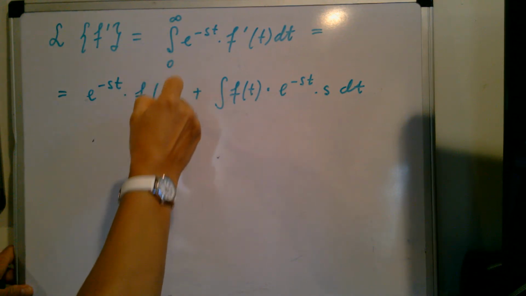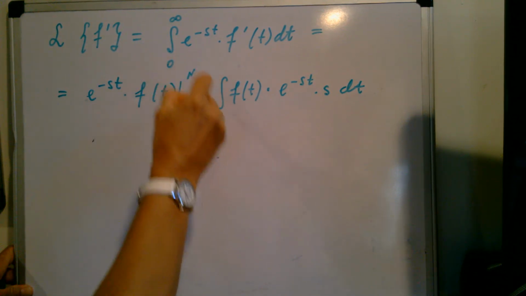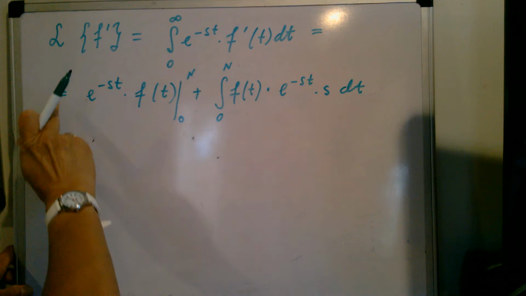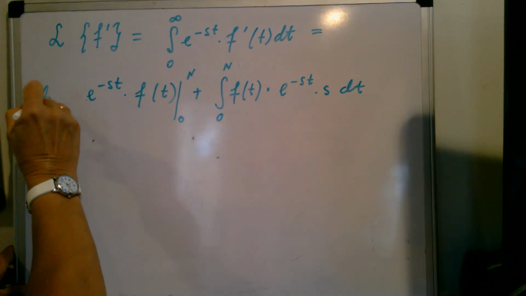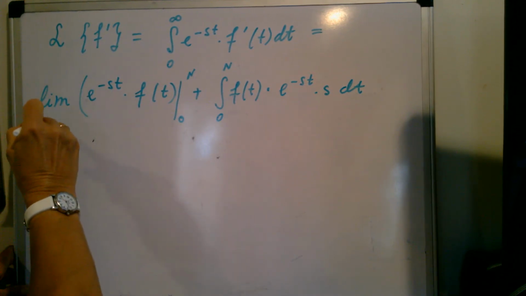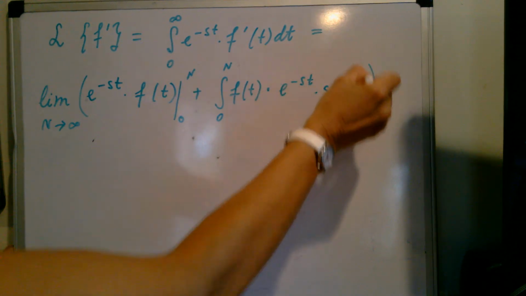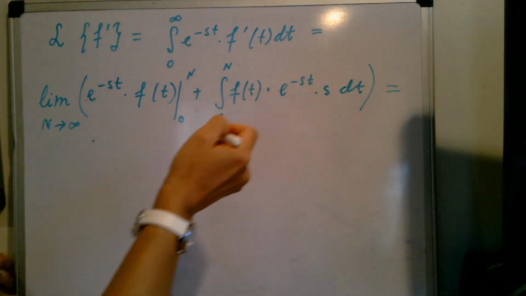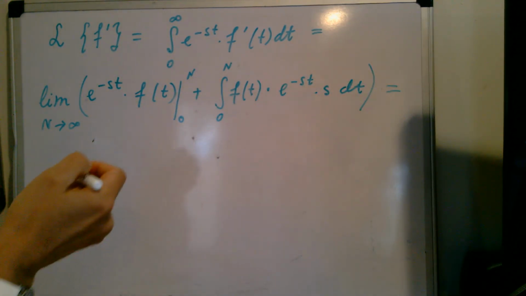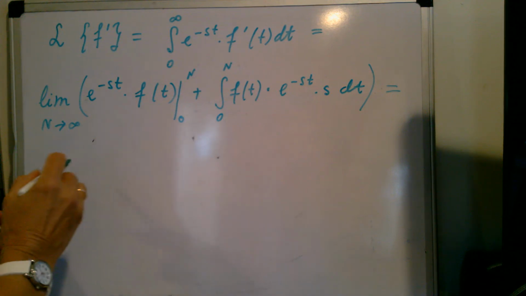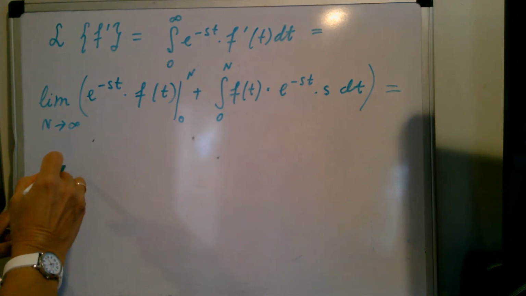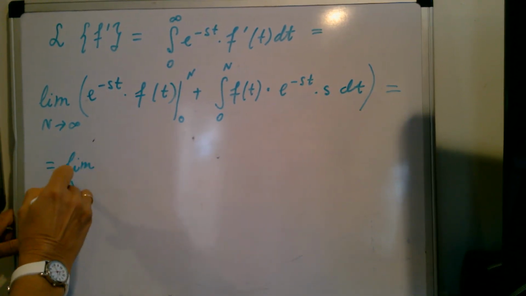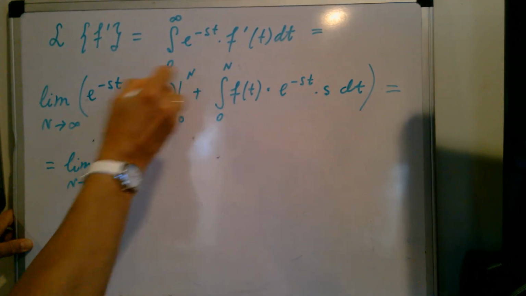I'm going to put my limits from 0 to n here, and now put over here the limit and say that n goes to infinity. Well, I'm going to do my substitution and show you what happens to the integral. So first, limit n goes to infinity. I'm going to substitute n here.